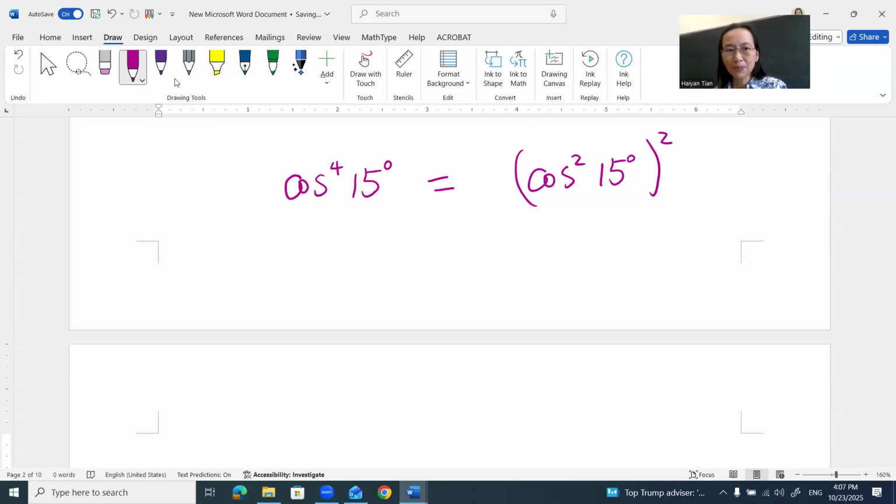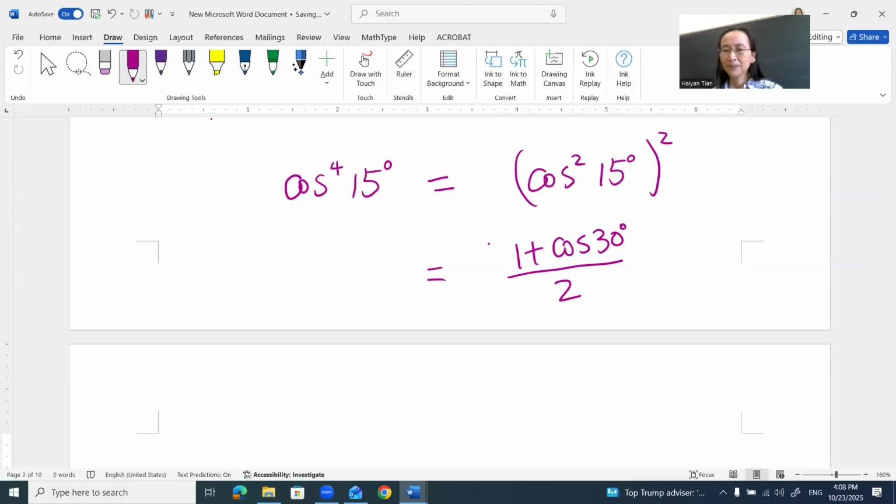Because you see the fourth power is a higher power, but for the second power, immediately we can apply the power reducing formula. So what is the cosine square 15? We just did it, right? Cosine square 15, we can write it as half of 1 plus cosine 30 degrees.